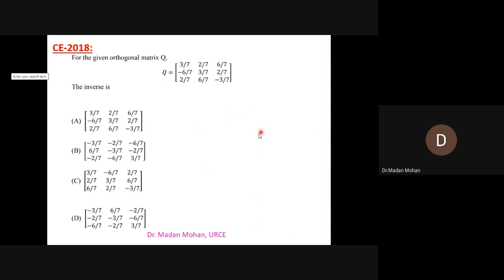Inverse is adjoint Q by det Q. You need det Q, and adjoint means you have to find 9 cofactors, transpose of cofactors. The determinant also you have to calculate. A large bit given to you. It takes a lot of time. Do you agree?